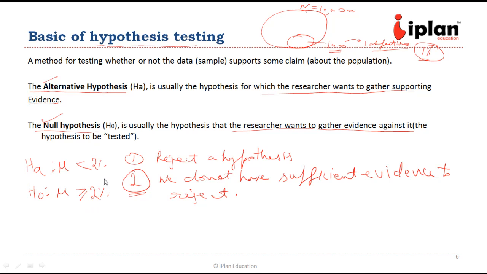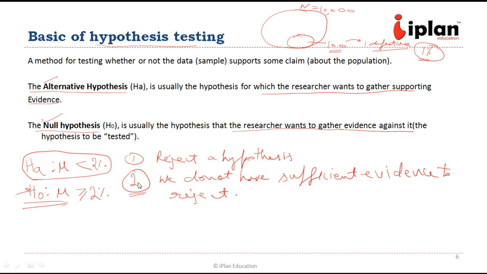So with some confidence we should be able to say that the defective pieces in the population are less than 2%. So there could be only two cases, one where we are able to reject the null hypothesis. If we have sufficient evidence to reject this hypothesis, then we can say that the defective pieces in the whole population are less than 2%.